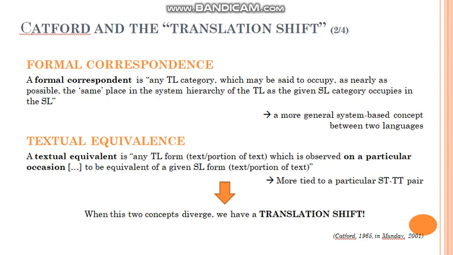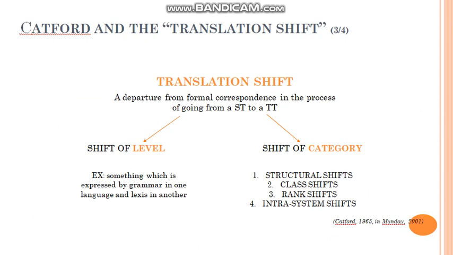Textual equivalence is any TL form, text or portion of a text, which is observed on a particular occasion to be the equivalent of a given source language form. So it is more tied to a particular source text and target text pair. When these two concepts diverge, we have the translation shift. He mentioned the translation shift is a departure from formal correspondence in the process of going from the source text to a TT. So it is a shift of level and shift of category.